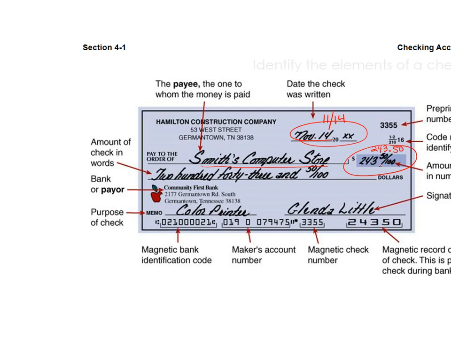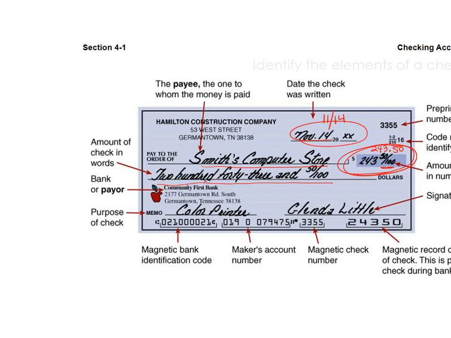The reason a lot of people will write it like this is because sometimes the decimal gets lost in translation, or it's too light and you don't see it, and then people think you're writing a check for $24,000, which is ridiculous, right? And then here you're going to write out in words what the amount was. Now, one thing I want you to notice, it doesn't say 243.